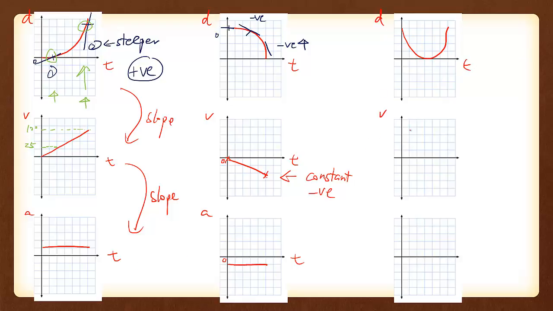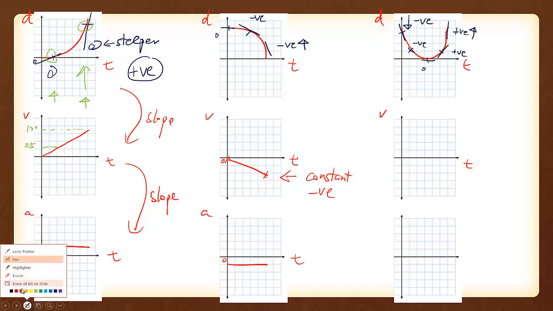So for the VT graph, you can see the slope at the beginning here is very, very negative, and this is less negative here. Of course, at this spot it is 0. At this spot it is slightly positive, and lastly it's going really, really steep, so positive with a large number.